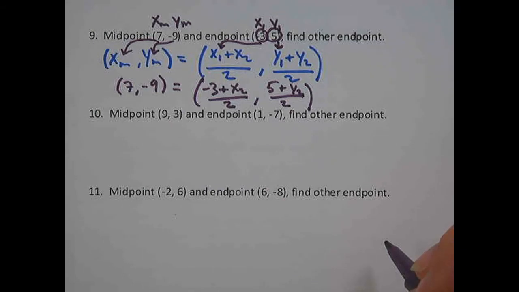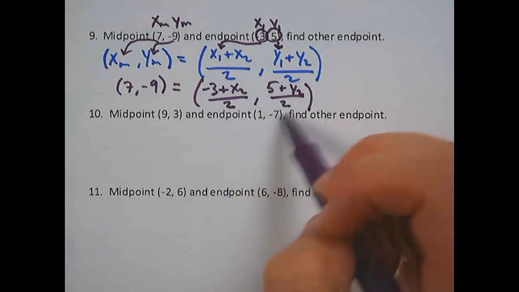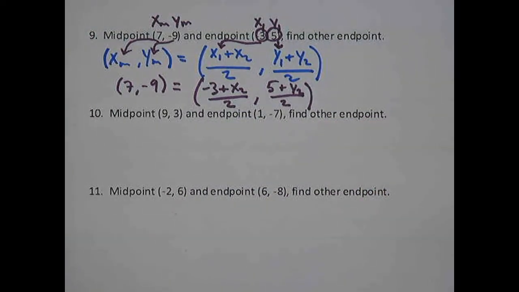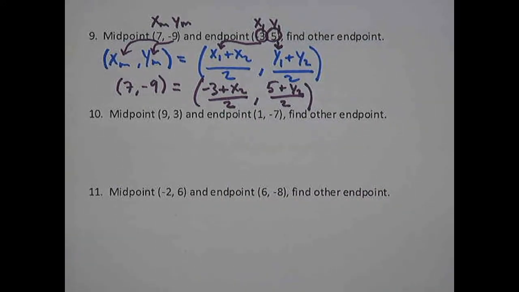So far we have just this set of coordinates equals this set of coordinates, and we want to come up with some equations that we can use to solve for this x2 and y2, because that's going to be our other endpoint. So that's our goal.